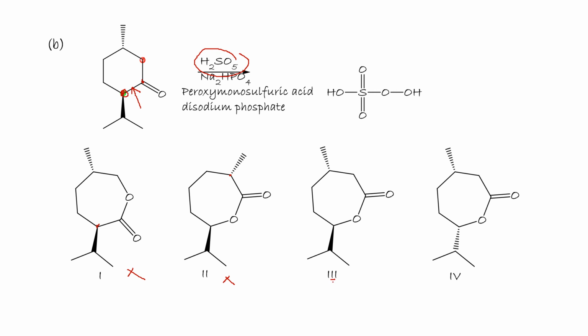Number 3, we have oxygen in here between this and this carbonyl. That's right. Then we have CH2. We have, okay, the methyl group. So this is okay. This is changing in configuration on this carbon. This is wrong. So the answer is number 3.